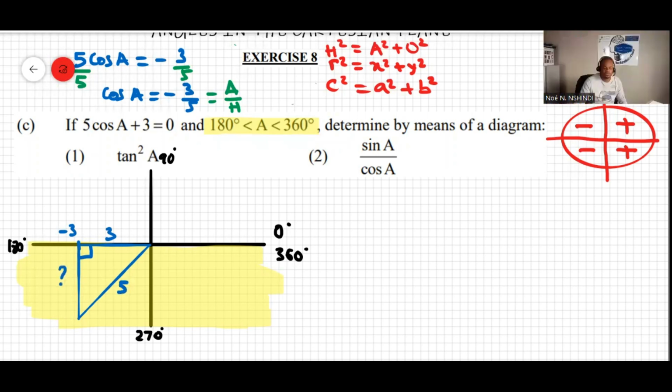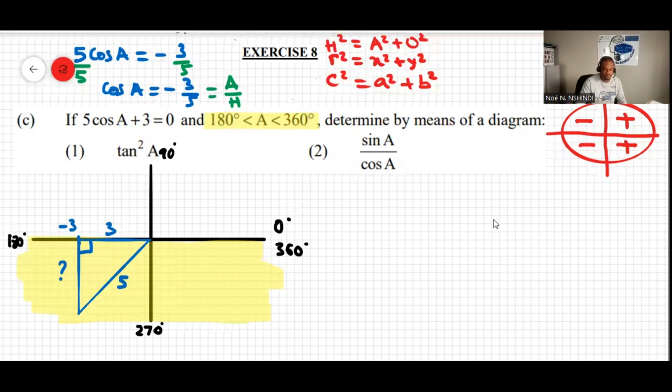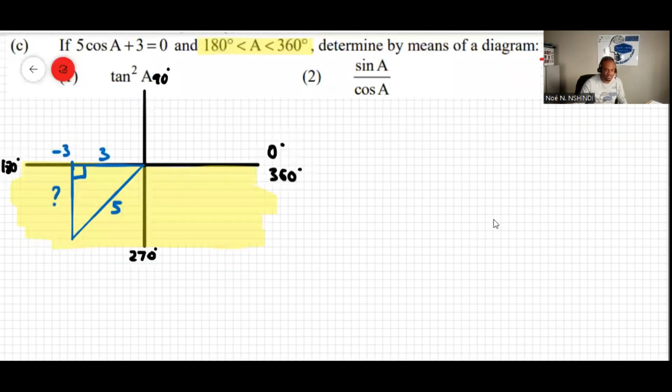We can find it by using Pythagoras. You substitute 5 here and 3 there, so we can find the missing side. H squared, the hypotenuse squared, is equal to the opposite side squared plus the adjacent side squared.